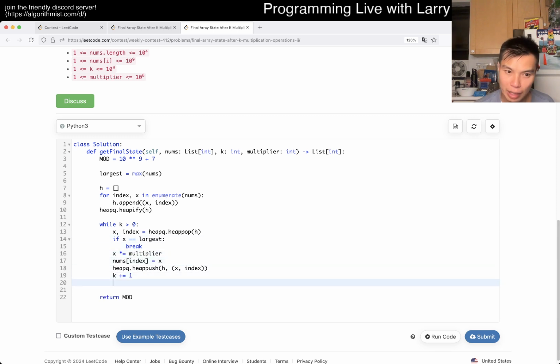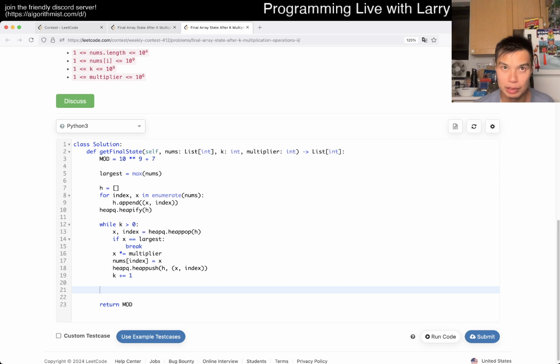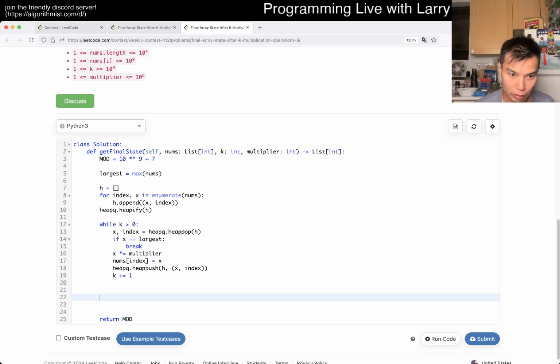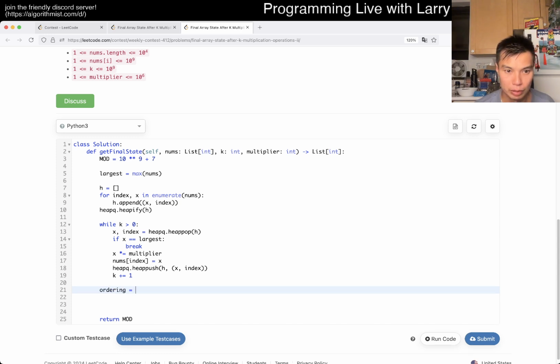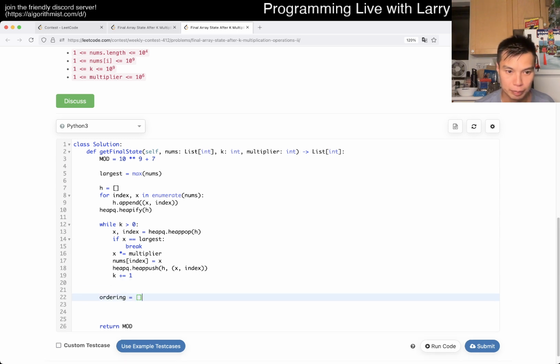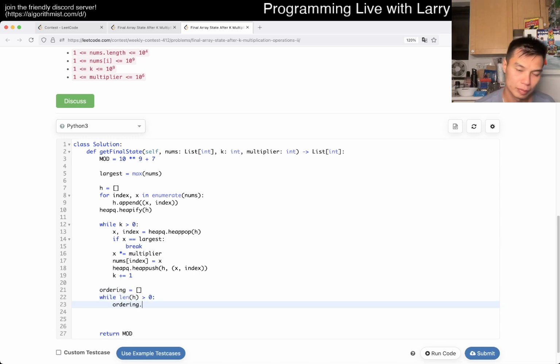So then now we have k left, and we just want to distribute it, right? Okay, so then ordering is going to be, you go to just order of heaps. Something like this.